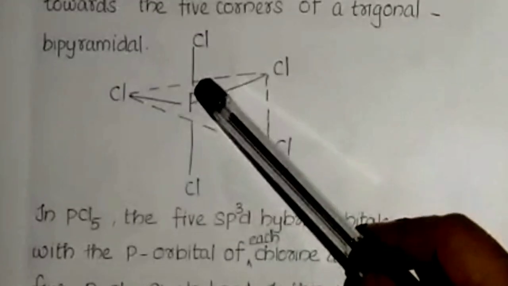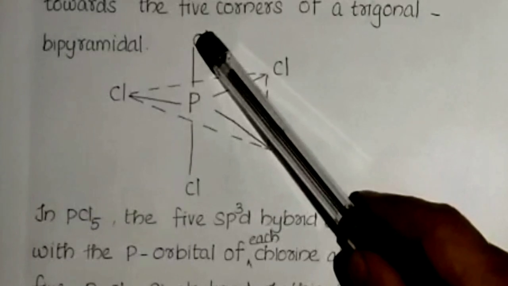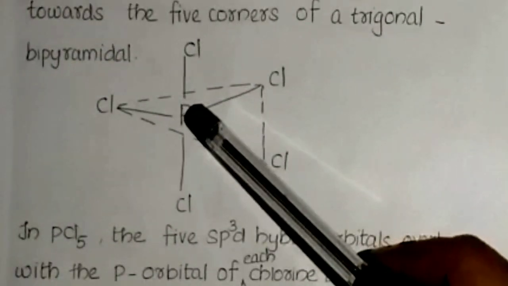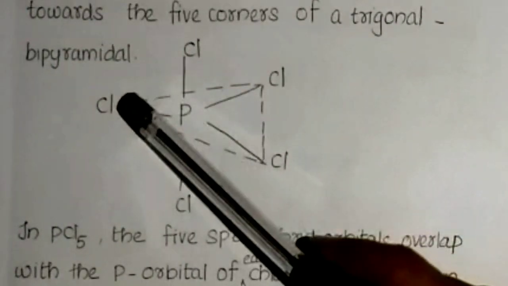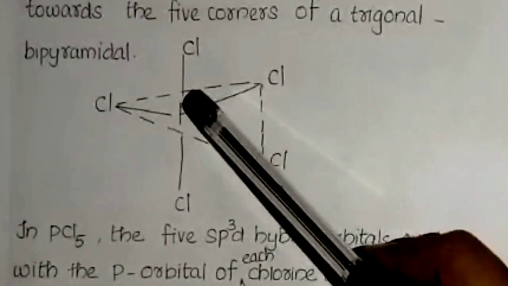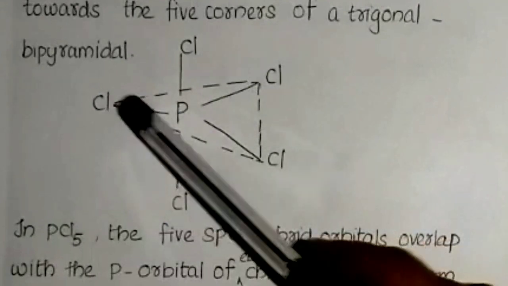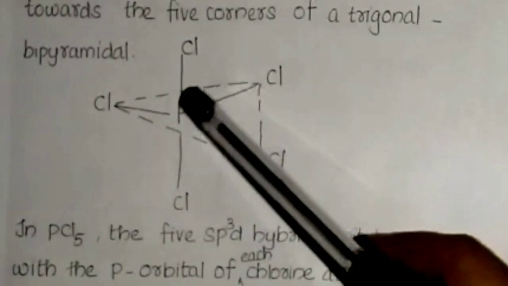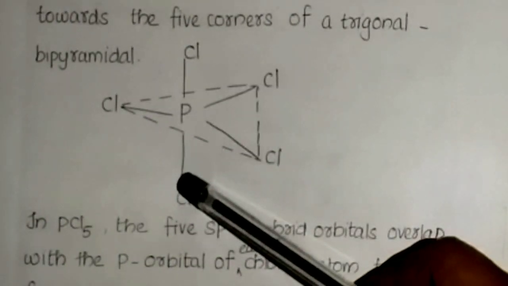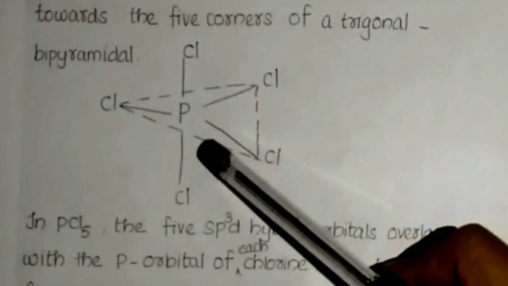So here, the axial bond lengths are longer than that of the equatorial bond length because these axial bonds suffer more repulsion from the equatorial bonds. So when the bond length increases, its reactivity also increases.